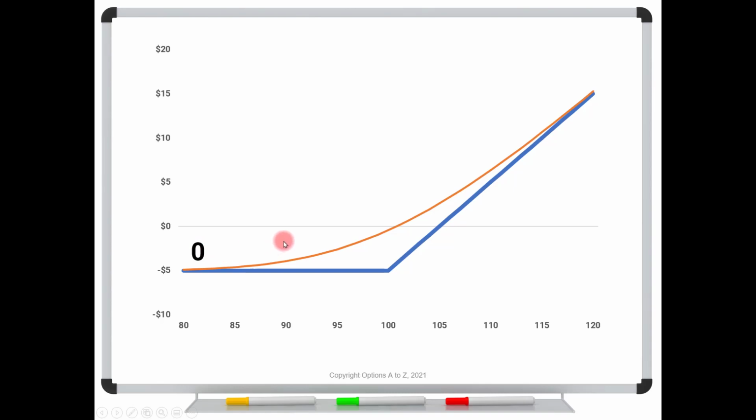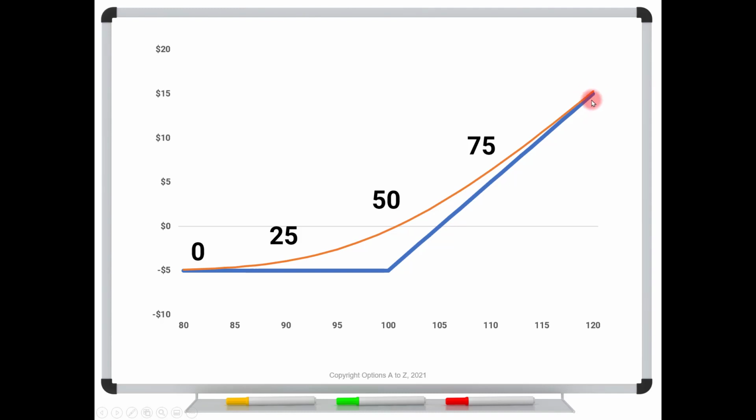If the stock creeps up here maybe to 90, still an out of the money option, but you might see a 25 delta. It gets up here to at the money, you might see a delta of 50. If it crawls up here to 110, we're now in the money, deltas are going to be a lot higher, maybe 75, and only if that option gets really deep in the money prior to expiration.